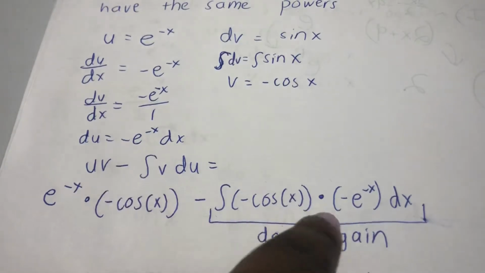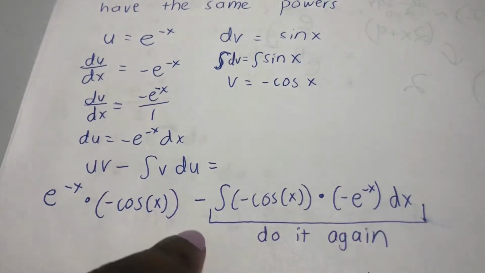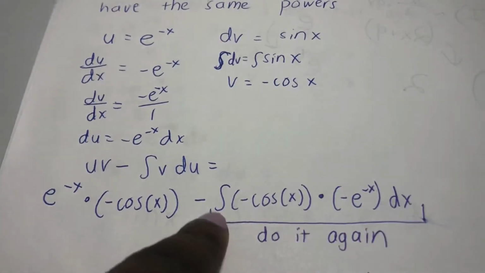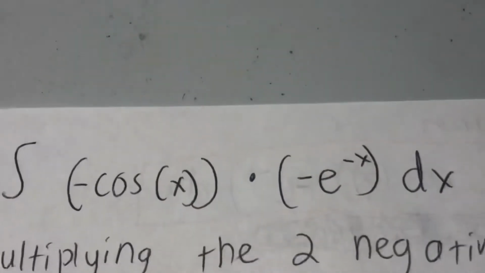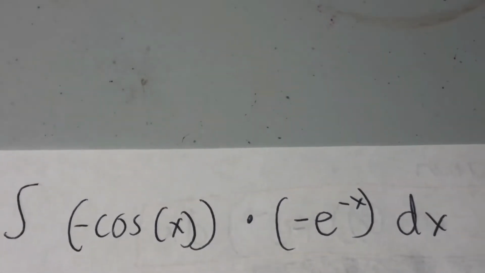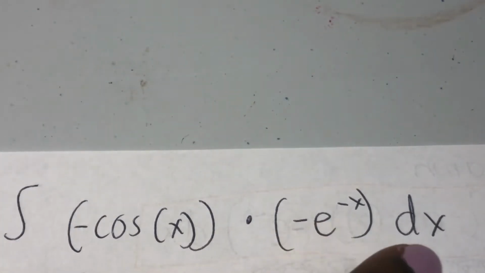And du is negative e to the negative x dx. This is another iteration of the integral, so we have to do it again. So yeah, this is the equation that we had before, the integral of negative cosine x times negative e to the negative x dx.